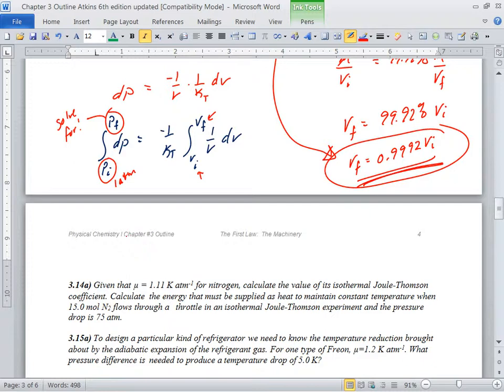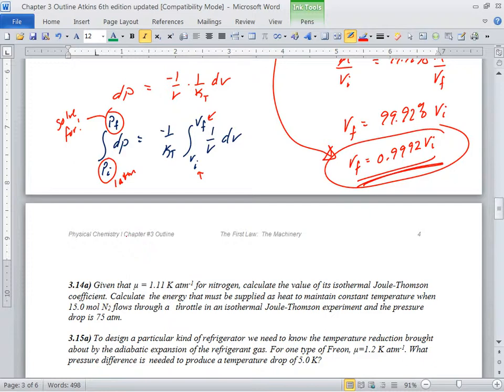I don't want to do the whole thing, but you get the idea, right? Good. Yeah, 1 over v is going to be ln. Then you have the limits from vi to vf, right? And vf is 0.9992 vi. So you could just substitute in vf as 0.9992 vi, right?